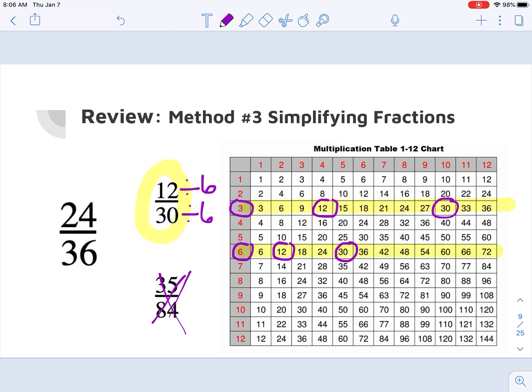And if I use my chart, 6 and 2 make 12. Kind of running out of room here. And on the bottom, 30 divided by 6 is 5. Okay, so that is a way that you can use your multiplication chart.